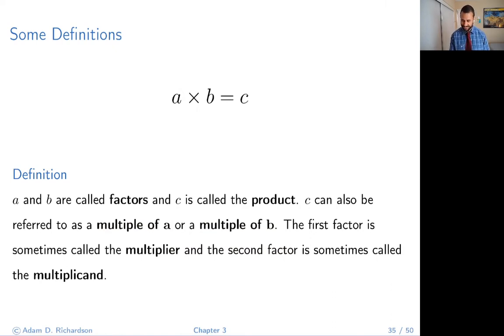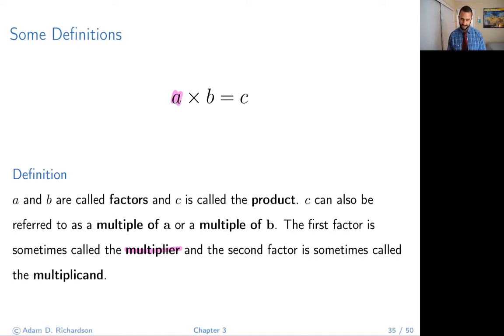Some other interesting definitions here. The first factor, A, is sometimes called the multiplier, the thing that's doing the multiplying, kind of. But I don't really like that term that much because numbers are not the things that are acting. Numbers are not causing the action. The operation of multiplication is the action.